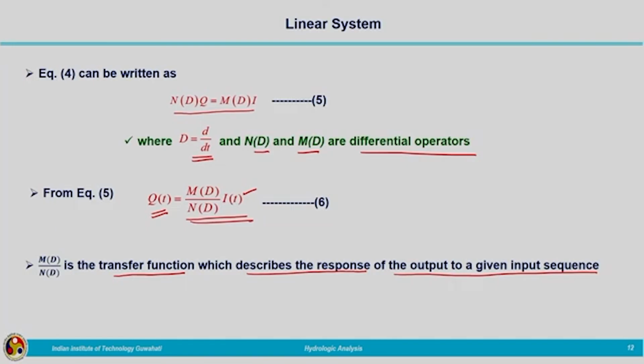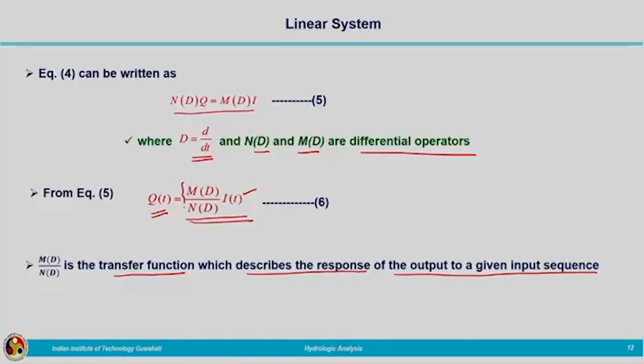I(t) is our input. For example, it is rainfall. That rainfall is causing the runoff. Our intention is to find out the impact of this hydrologic variable, rainfall. That is represented in terms of Q(t) in the form of outflow or stream flow.